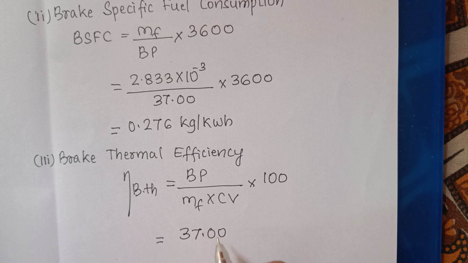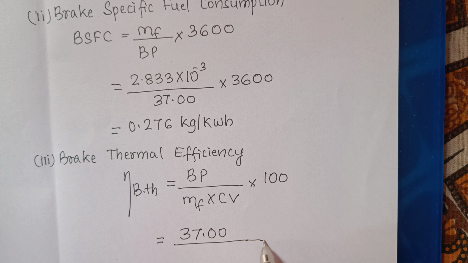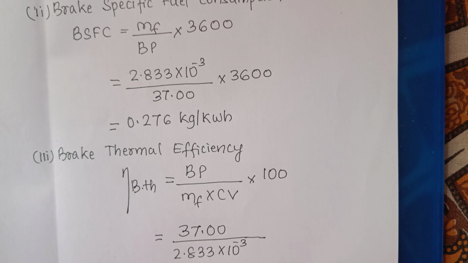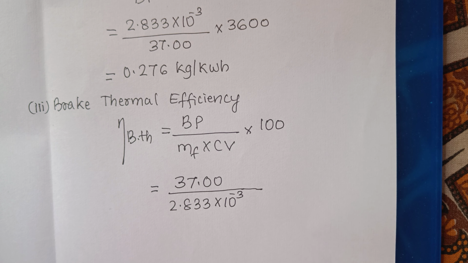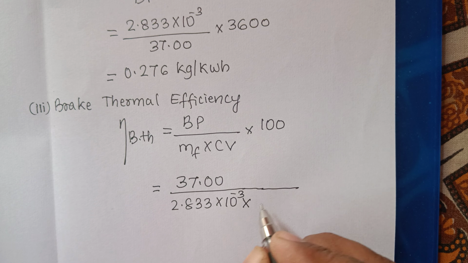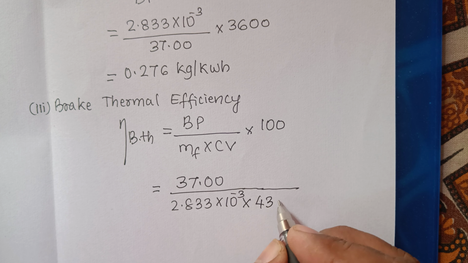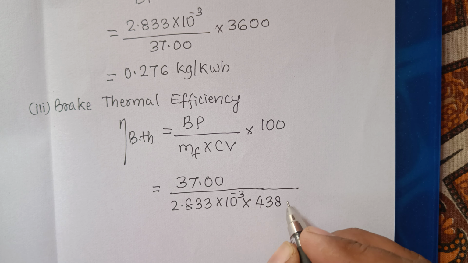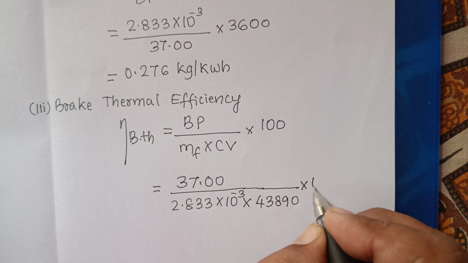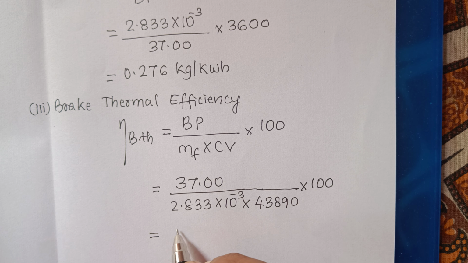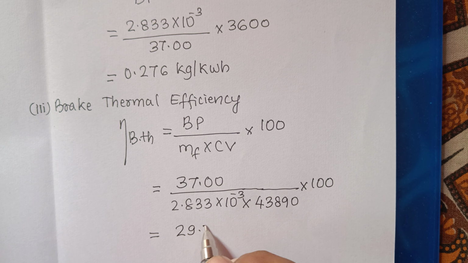So 37.00 divided by 2.833 into 10 to the power minus 3, which is the value of MF, into CV value. CV value is 43,890, into 100, which will fetch me the value of brake thermal efficiency as 29.75%.